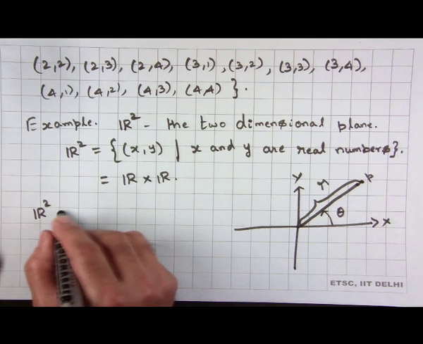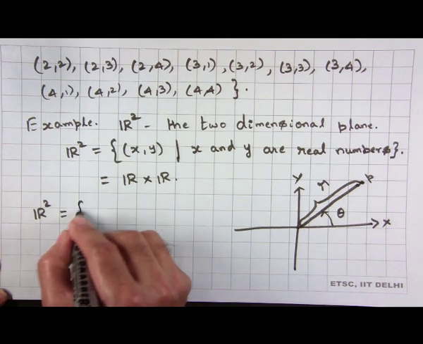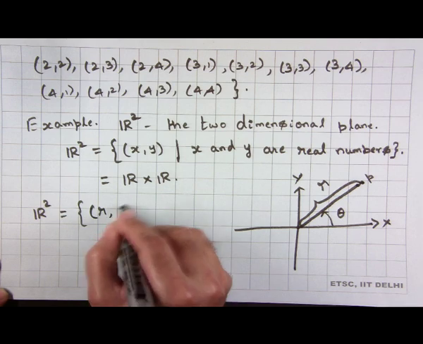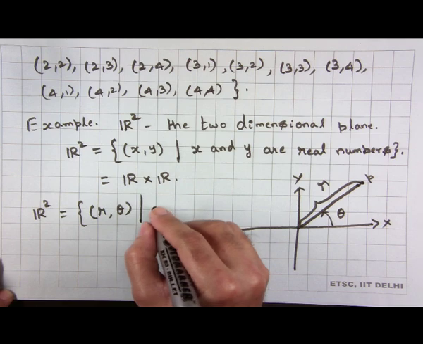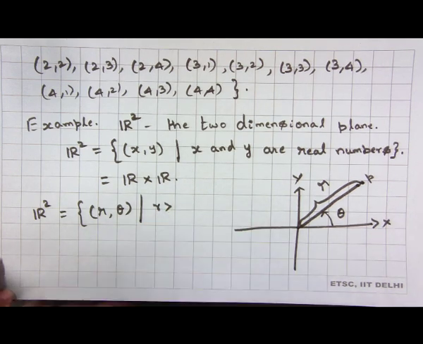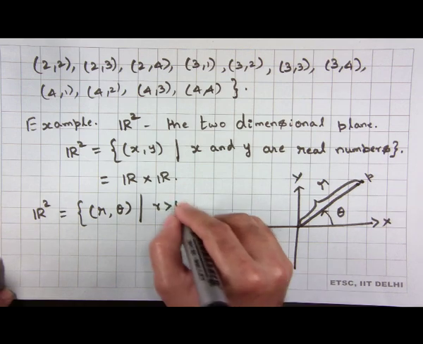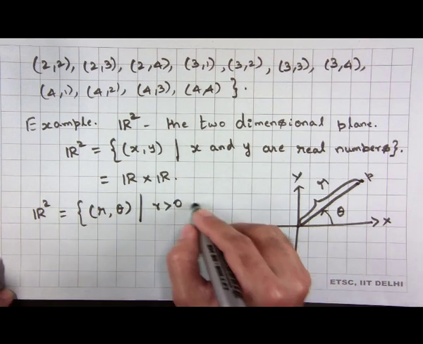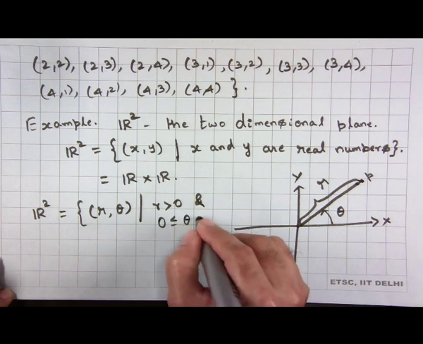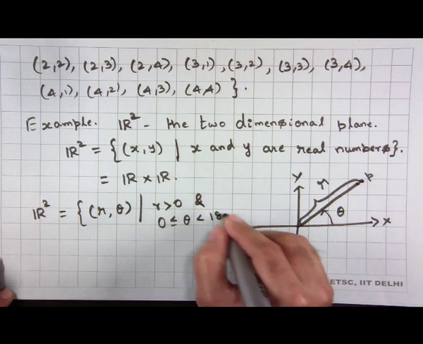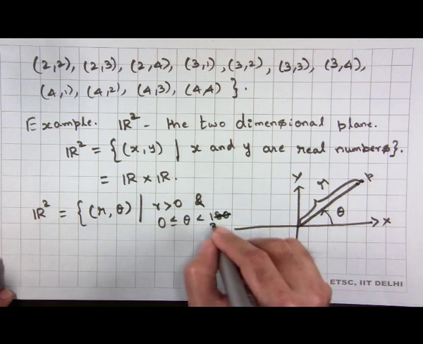So, this R 2 I can write it as all those ordered pairs r comma theta with r positive and 0 less than or equal to theta less than, not 180, it should be 360 degrees.